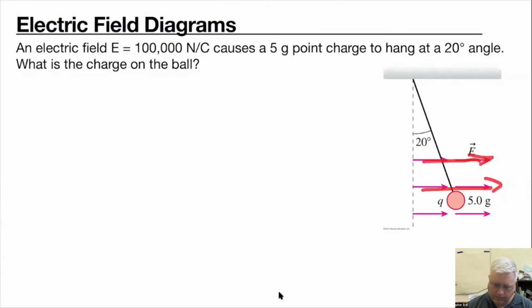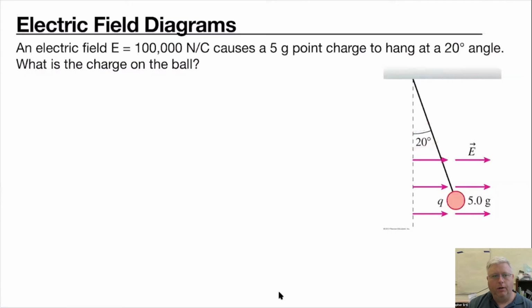It's pointing to the right, and it causes a 5-gram point charge to hang at a 20-degree angle. So it looks like this point charge Q may be suspended by a string, sort of like a pith ball or something, hanging at this 20-degree angle. So can we determine what is the charge on this ball?